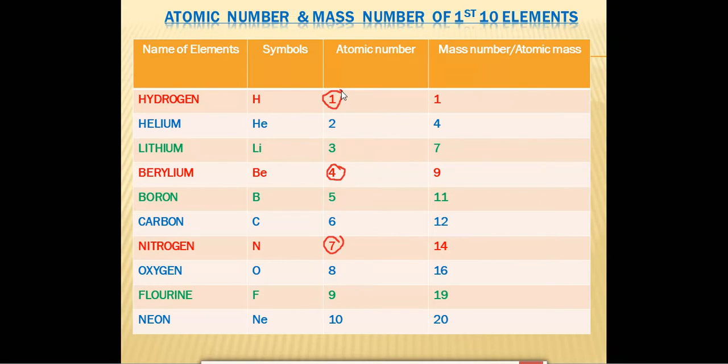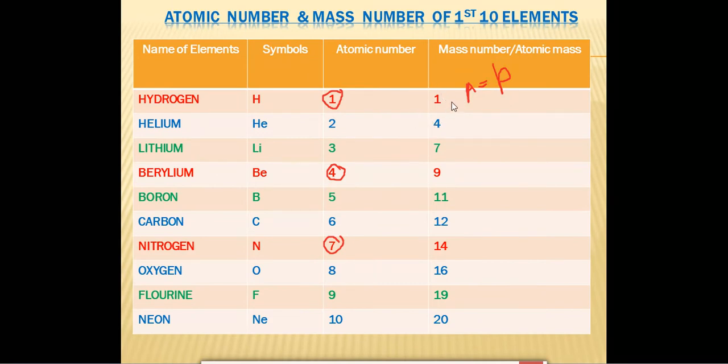And what is the definition of mass number or atomic mass that I have told you? Mass number or atomic mass is equal to the number of protons plus the number of neutrons. So if in a hydrogen atom no neutrons are present, then the mass number, that is A, is equal to only the number of protons. How many protons are present in hydrogen? Only one proton. So the mass number of hydrogen is 1.